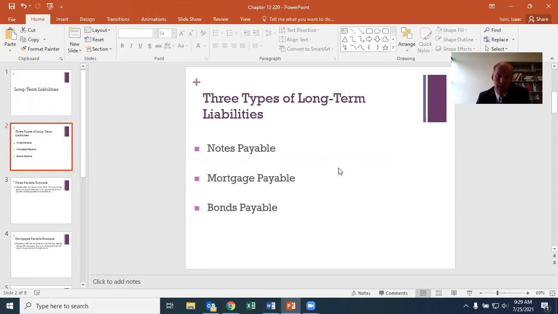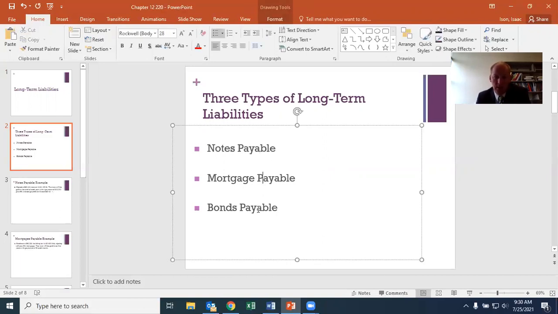So the principal is the initial amount that we've borrowed, typically cash, the asset that we've received. And then the interest is the cost of using someone else's money, okay? So the distinction between each of these is just when or how we pay each component of the loan back, the principal and the interest, okay?